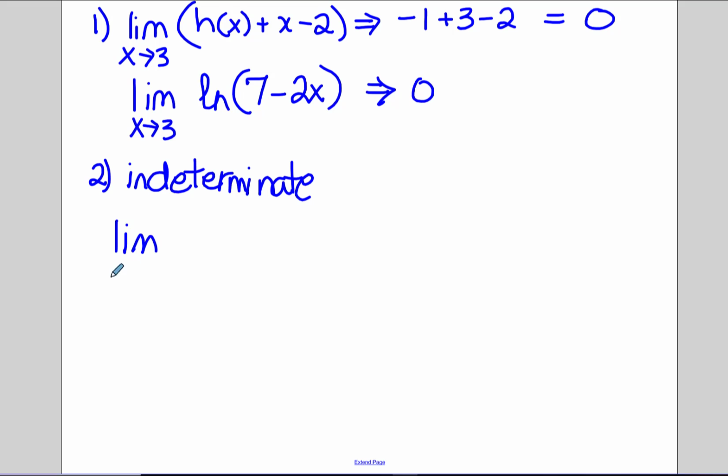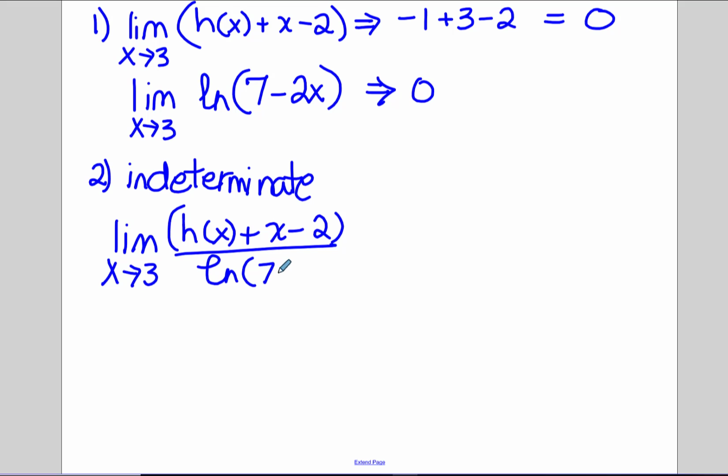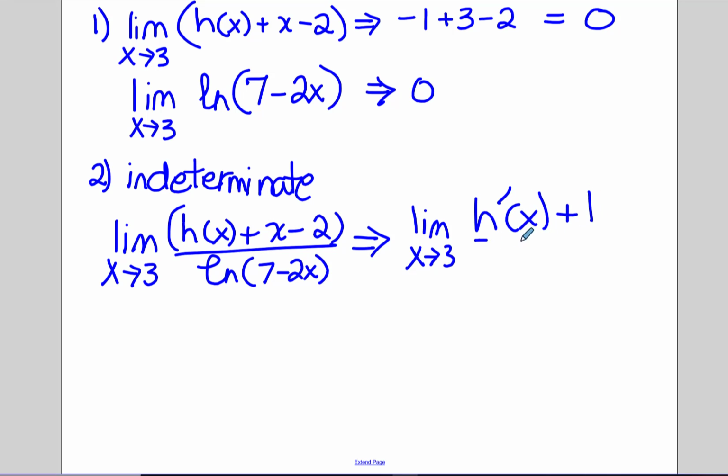So the limit of the original problem, h of x plus x minus 2 divided by natural log of 7 minus 2x, is going to be rewritten using the derivative of the numerator, h prime plus 1, divided by negative 2 divided by 7 minus 2x. I know slash fractions are bad, but I'm out of room.